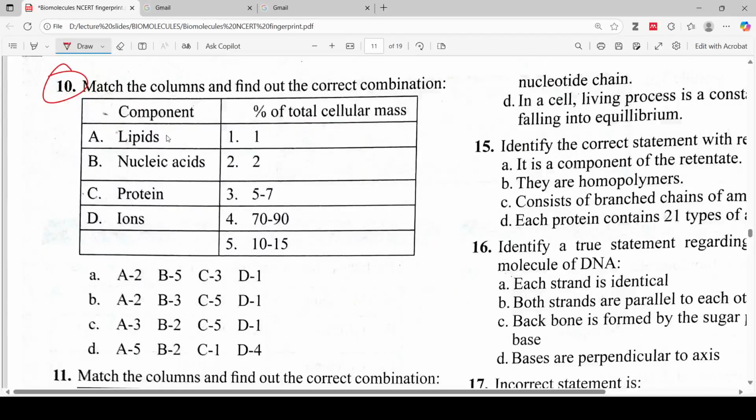Lipid 2, nucleic acid 3, protein 5, and iron 1. So the correct answer is option D.